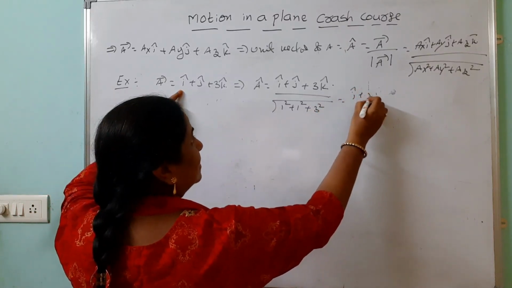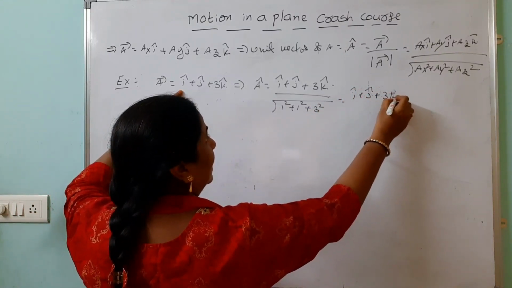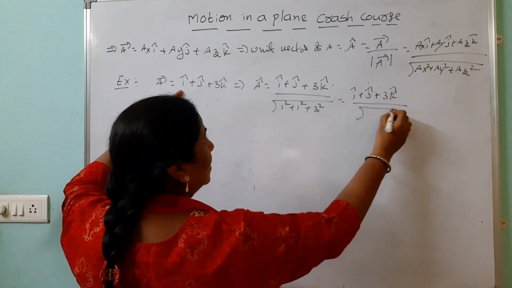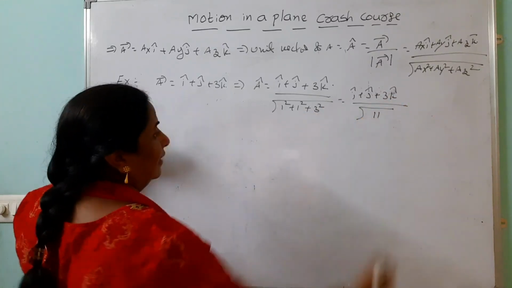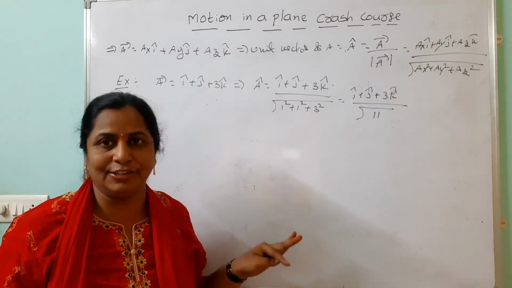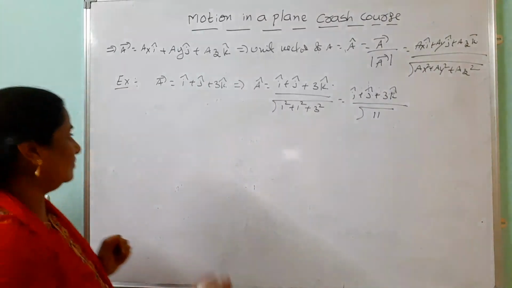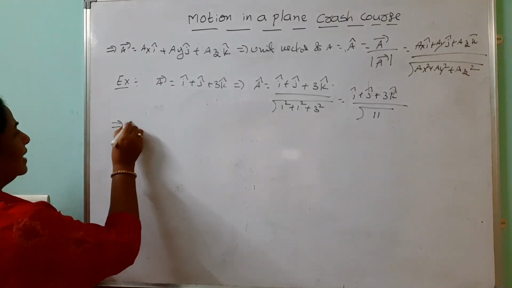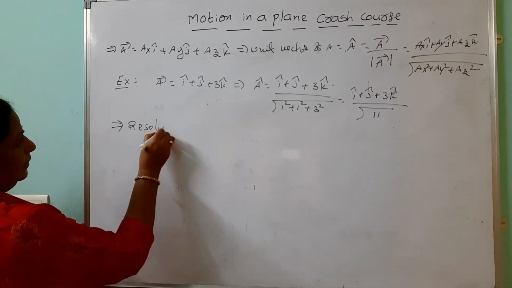This is how much? 1 plus 1 plus 9 is 11. Under root 11. Like that you can find out the unit vector and magnitude of any vector. Now we focus on the resolution of vector.